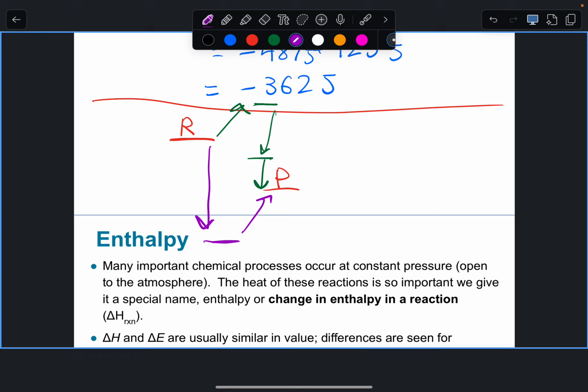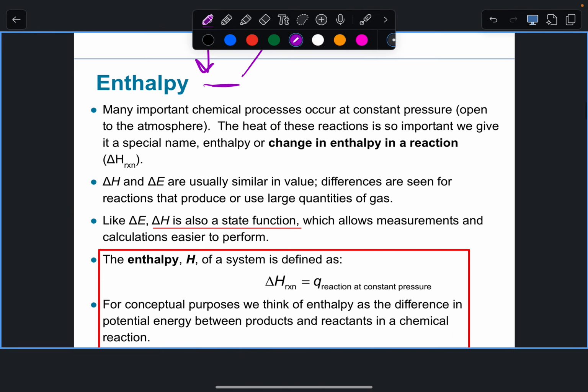Because it's a state function, it makes things a lot easier, and it's widely applicable to a lot of common chemical reactions, okay? So the key point is that enthalpy is a state function, so we can do a lot of simplifying of calculations, and that's what we'll do for the next couple of classes: calculate enthalpy.